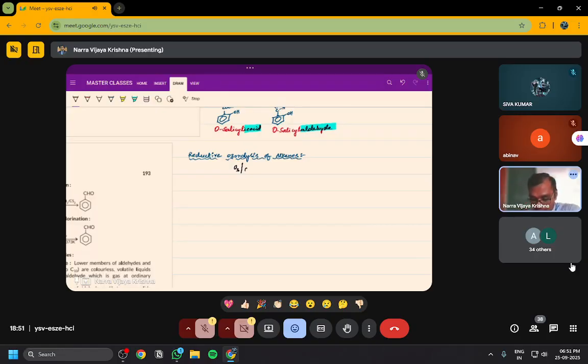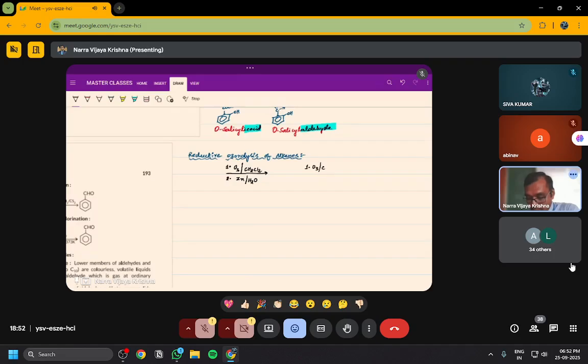I am taking CH2Cl2 as a solvent. Then I need to add zinc in presence of water. If I don't add zinc, it is called oxidative ozonolysis. If I add zinc, it is called reductive ozonolysis. Is it clear?